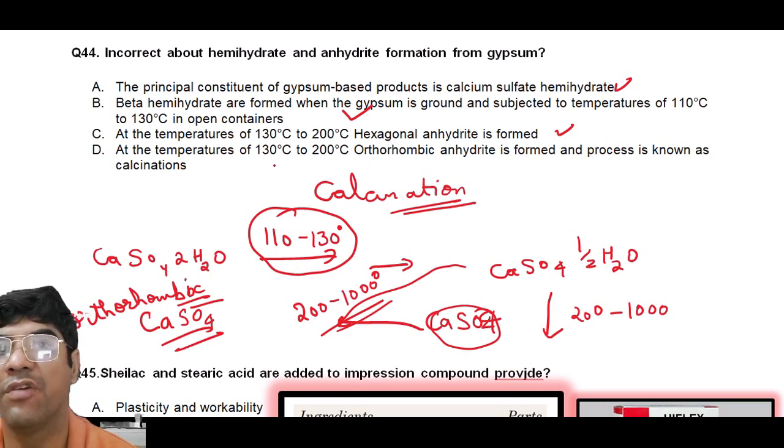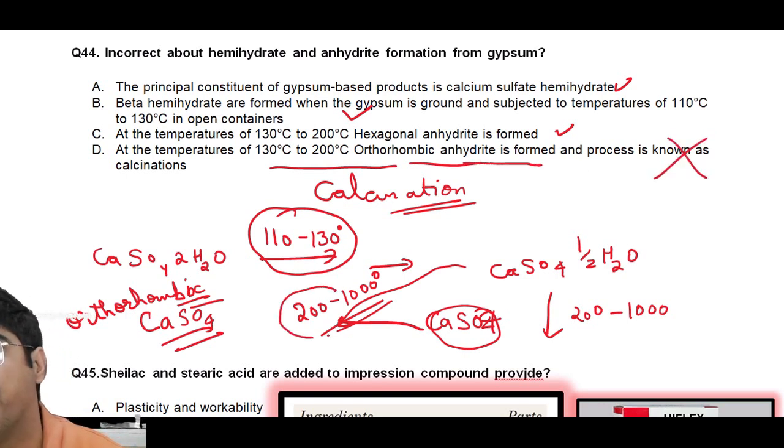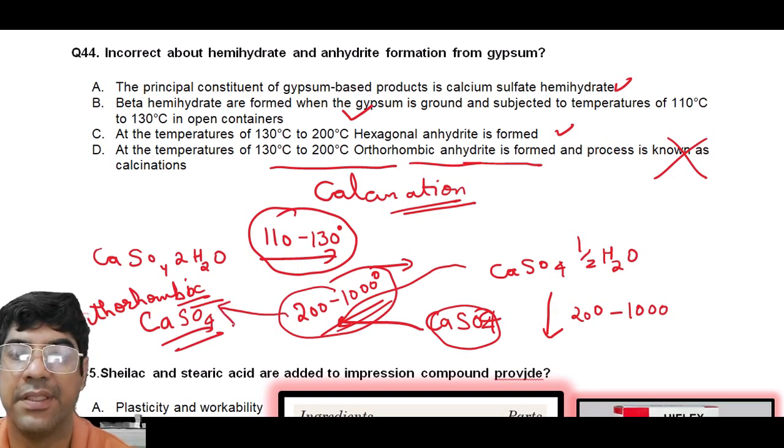The statement that at a temperature of 130 to 200, orthorhombic anhydrate is formed is wrong. It is formed at a temperature of 200 to 1000 degrees Celsius.